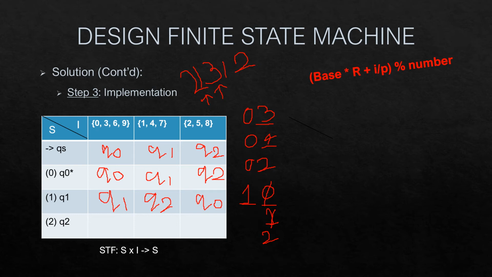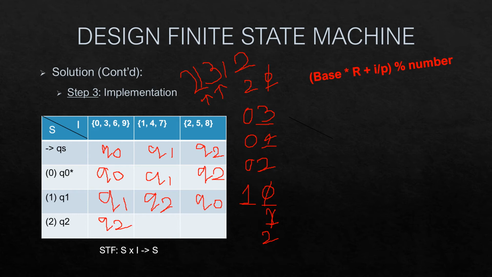Once I have reached Q2 state, that means my previous division's remainder was 2. Now, if the next digit I get is 0, 3, 6 or 9, I know I am going to get remainder 2. So I have to transit to Q2 state, that is, stay in the same state.